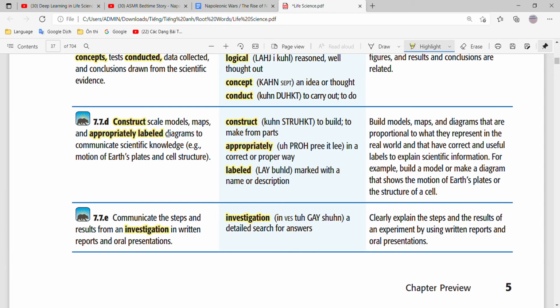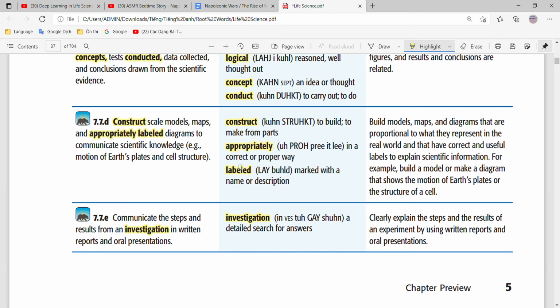Construct scale models, maps, and appropriately labeled diagrams to communicate scientific knowledge or explain essentials. Construct is to build, to make from parts.